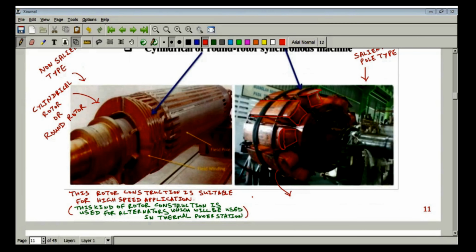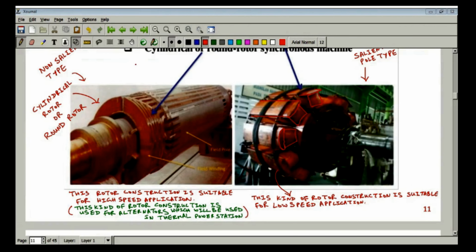Now this kind of rotor construction is suitable for hydroelectric application, for low speed application, and it is used in hydropower station.